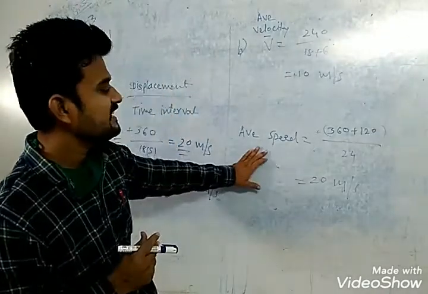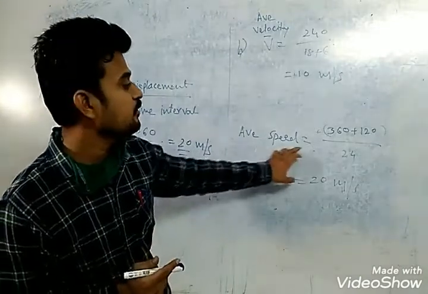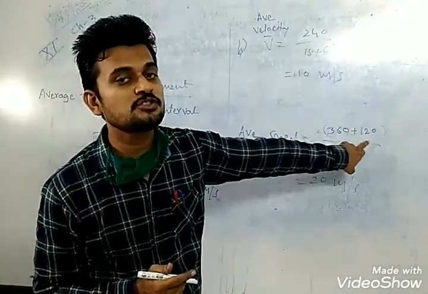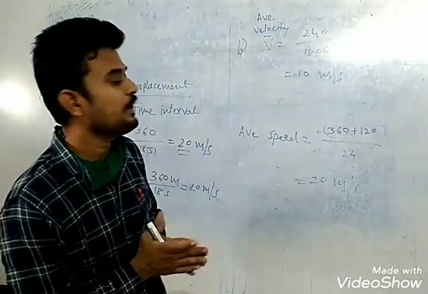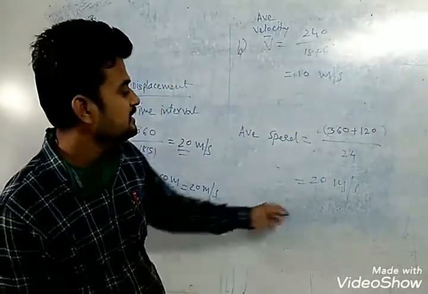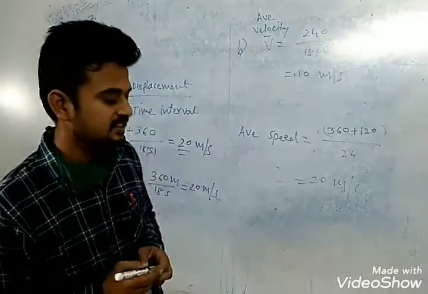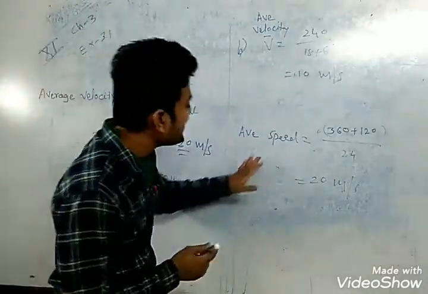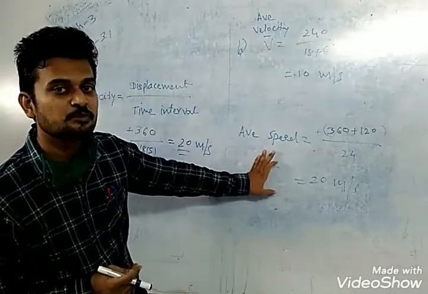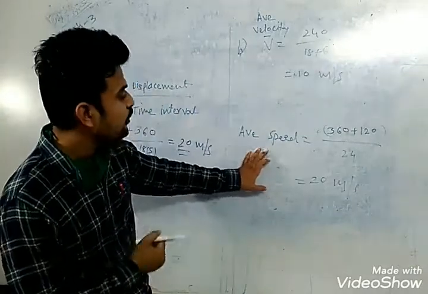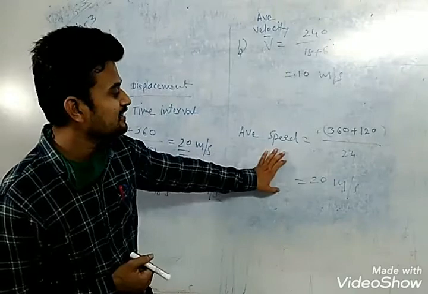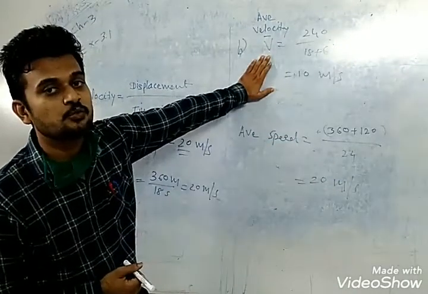In the second case, average speed is equal to 360 plus 120 upon 24 second, which is equal to 20 meter per second. In the general case, average speed is almost always greater than or equal to average velocity.